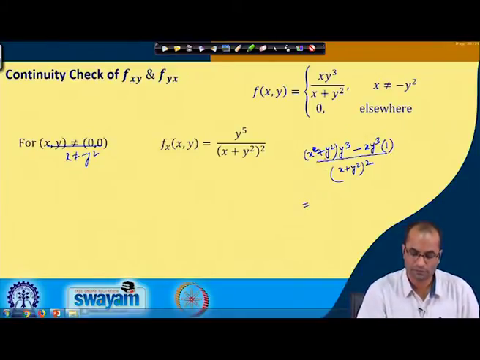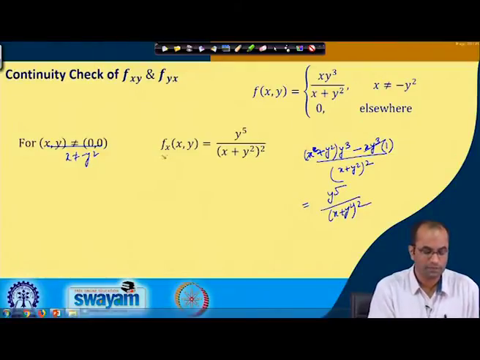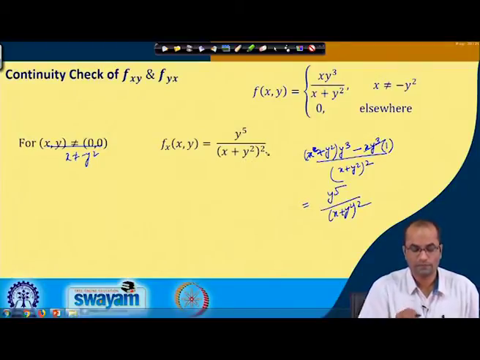So, x y cube and x y cube will be cancelled, and then we have y power 5 over (x plus y square) whole square. So, exactly this is the term here. So, the partial derivative of f with respect to x we are getting is y to the 5 over (x plus y square) whole square.